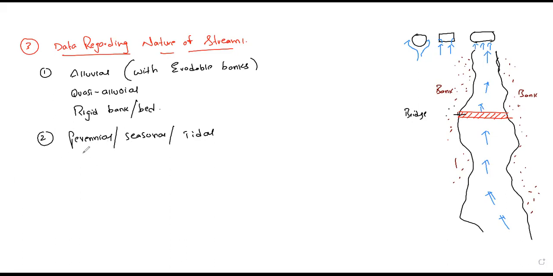Complete year, water will be flowing. Seasonal means, as I said, water is there only in monsoon seasons. In dry seasons, I mean summer seasons, there won't be any water. And next one, tidal, means the water which is flowing with more velocity, with more tides, with more heights. The water will have wave action. So we also have to decide what type of water it is. That reflects the nature of the stream: perennial stream, seasonal stream, and tidal stream. That information also we should know while designing the bridge.